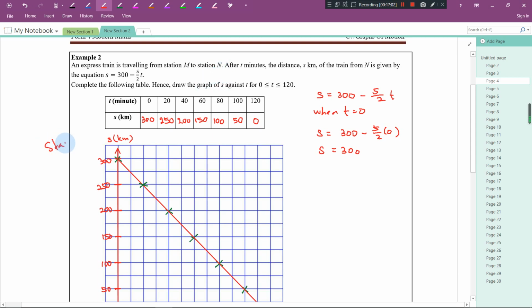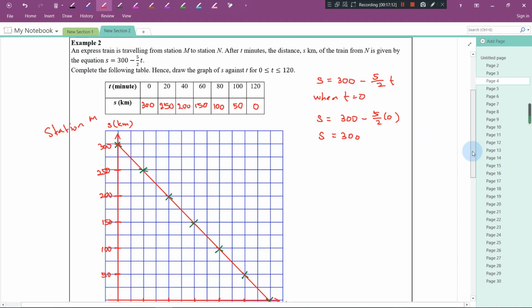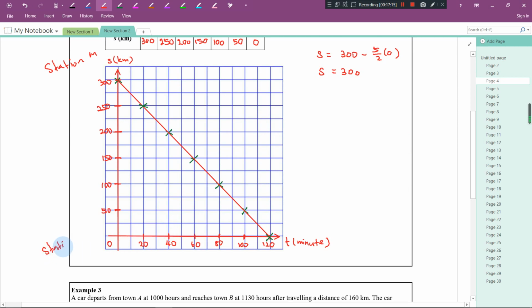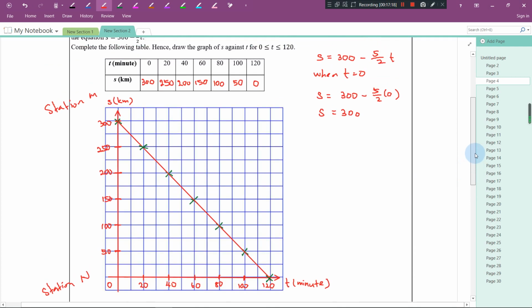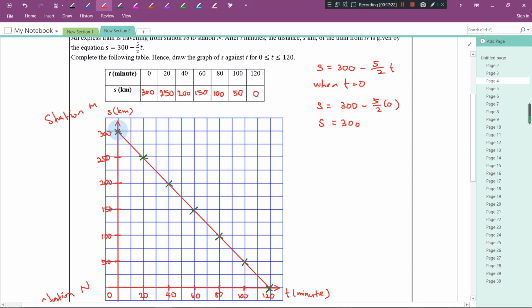So from here we know here is actually station M, and this is station N. So when the train just starts to move, it's actually 300 kilometers from station N. So after 20 minutes, the train becomes closer to station N because it has moved towards station N. Now after 20 minutes, it is 250 kilometers from station N.